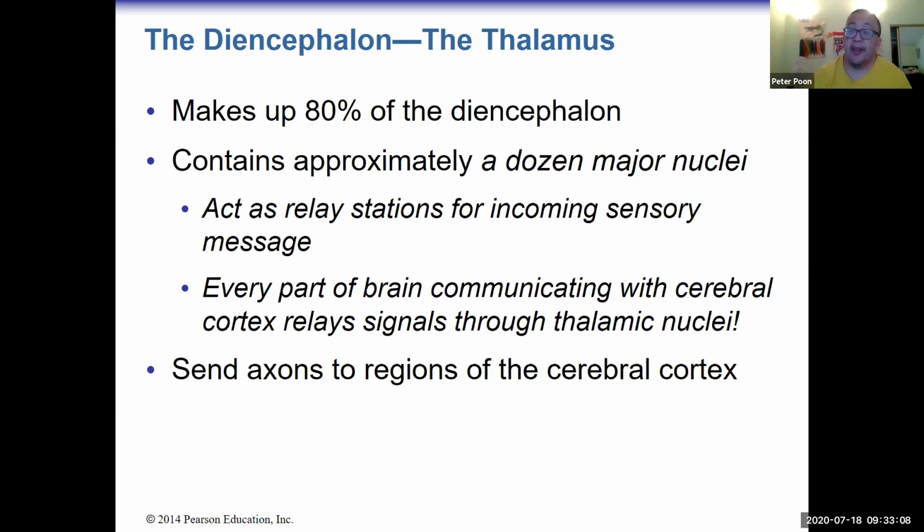Everything coming from the spinal cord and also from your eyes goes to the thalamus, and from the thalamus it spreads onward. So it is a relay station. It's not only a relay station, it tempers the signal a little bit, increases and decreases it, but basically it's a relay station.